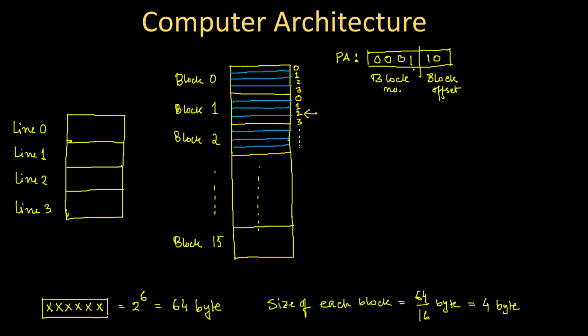This is the whole physical address that will be generated by the CPU. I have logically divided the RAM in such a way that I can divide the whole physical address into two parts. The rightmost part is called block offset and the leftmost is called block number, where block number represents the block where the data is present, and block offset represents the exact location in that particular block.